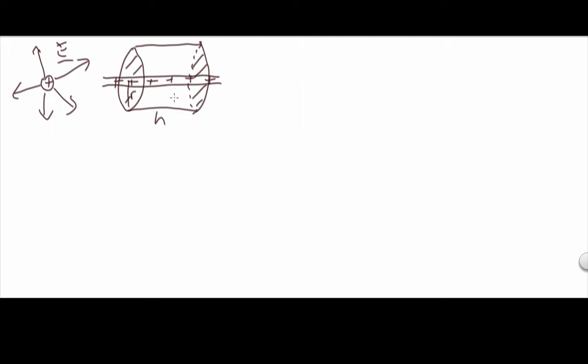The only part of the cylinder with electric field through it is the curved face. And so we're going to look at each little bit dA of the curved face of the cylinder. So we can say that phi total, which would be the phi at the ends plus phi of the cylindrical face, is just equal to the phi through the cylindrical face.